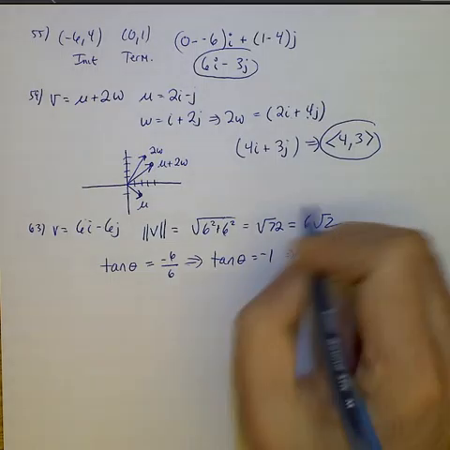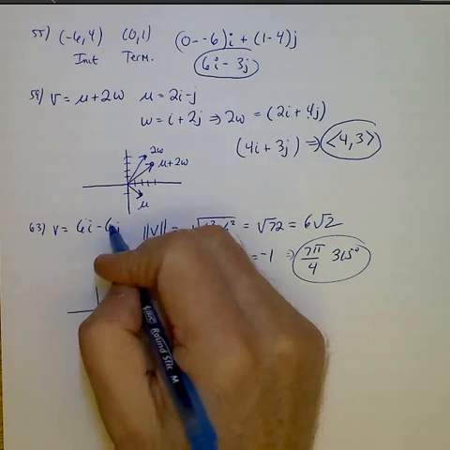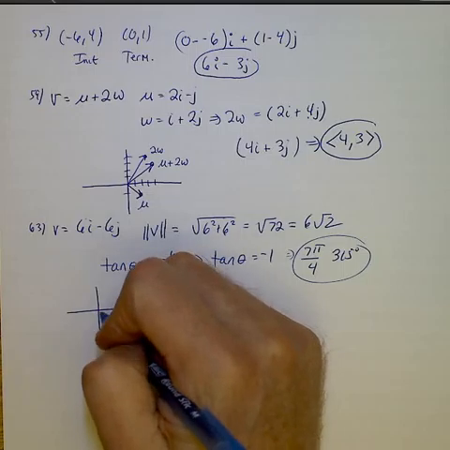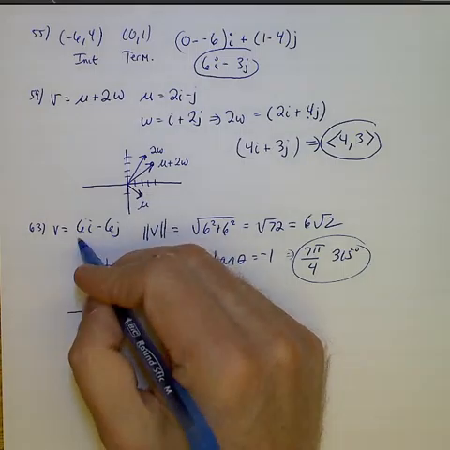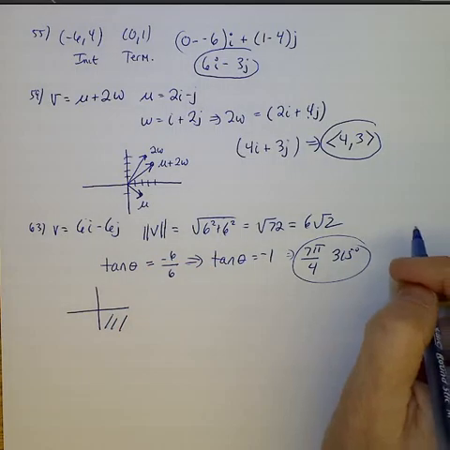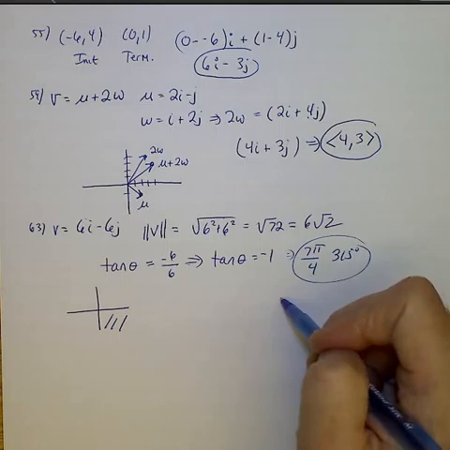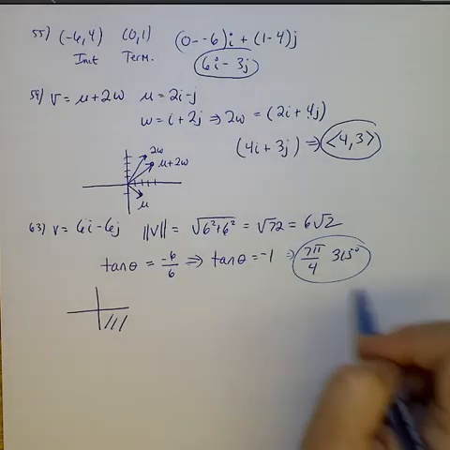And if you think about it, 6i minus 6j means we're in the fourth quadrant because we have positive x and negative y. We know the tangent is 1, the reference angle is 45 degrees. So we're effectively looking for a 45 degree angle in the fourth quadrant, and that's 7 pi over 4.